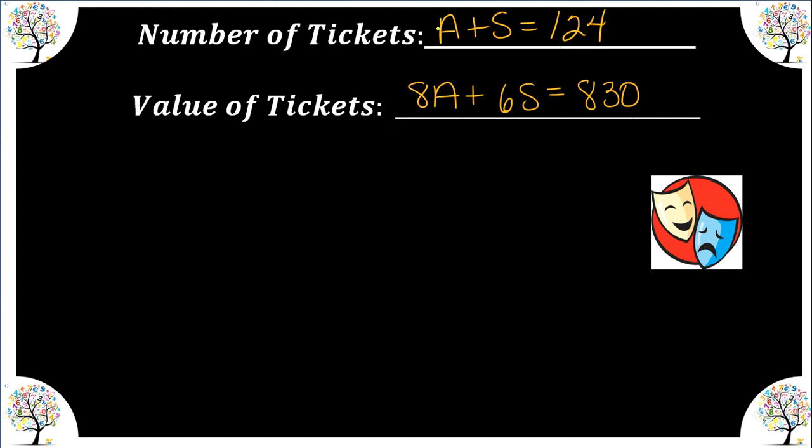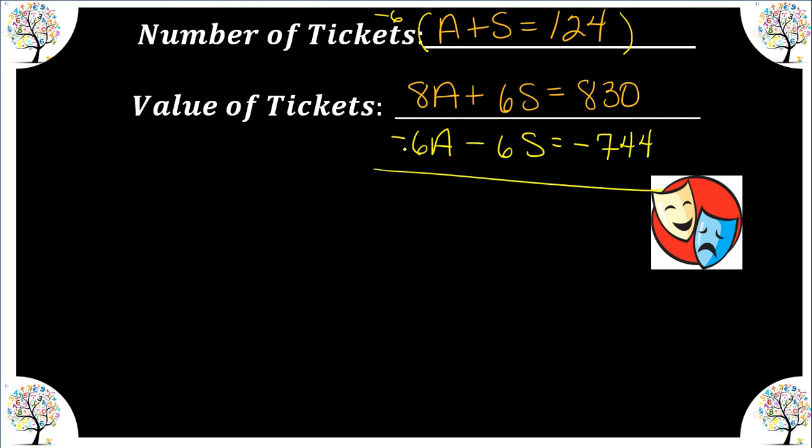We can either make this a negative 8a or this a negative 6s. Again, I just always go with the smaller value, so I'm going to multiply through by negative 6. And 124 times negative 6 is negative 744.